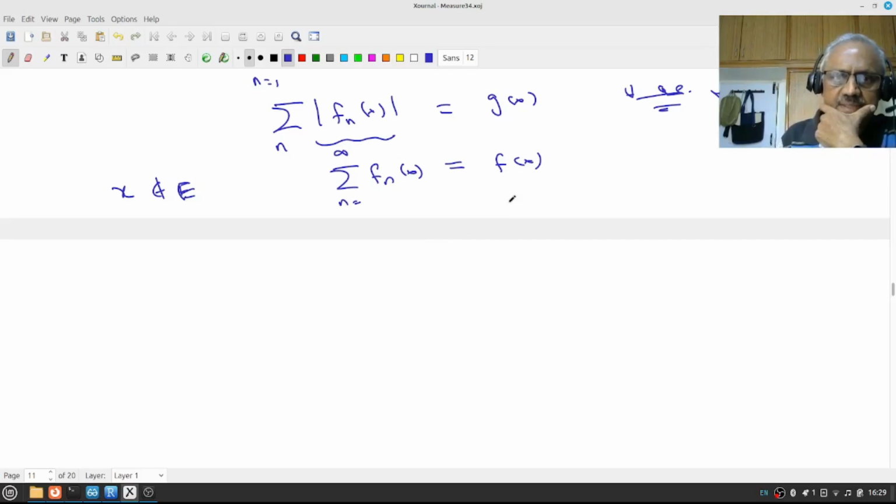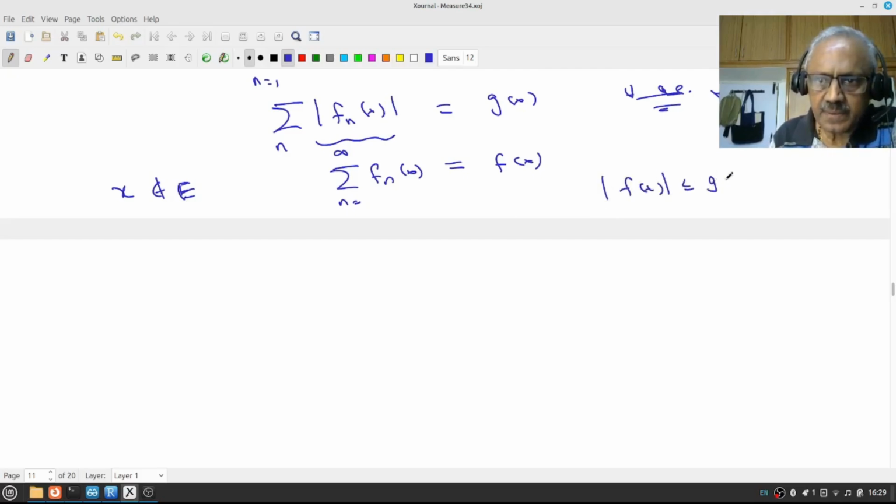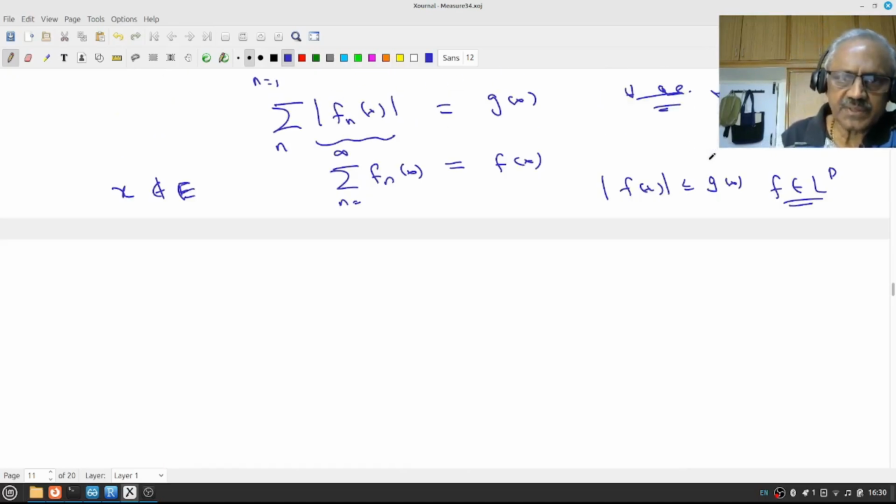Now notice that mod f of x is less than or equal to g of x, therefore f belongs to LP, because to the power p will be g to the power p. Therefore it is in LP.